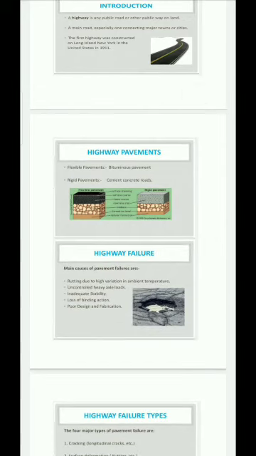Next, highway pavements. There are two types of highway pavements, the flexible pavements and the rigid pavements. Flexible pavements are also known as bituminous pavements, and rigid pavements are also known as cement concrete roads.